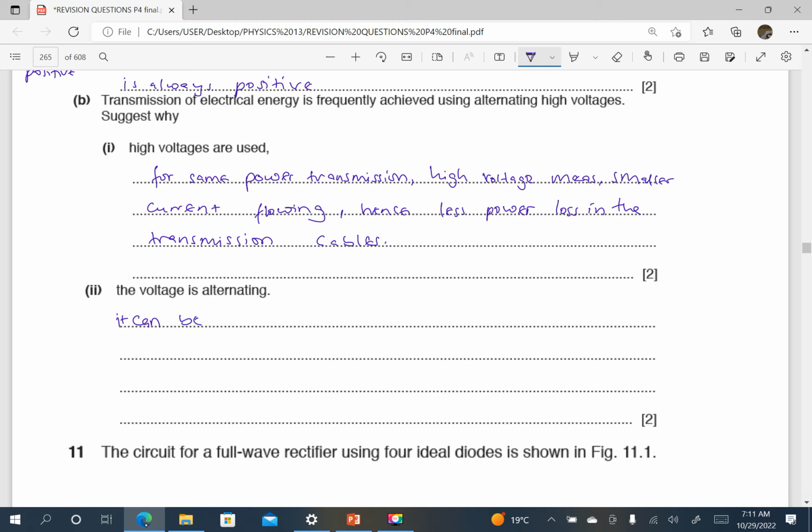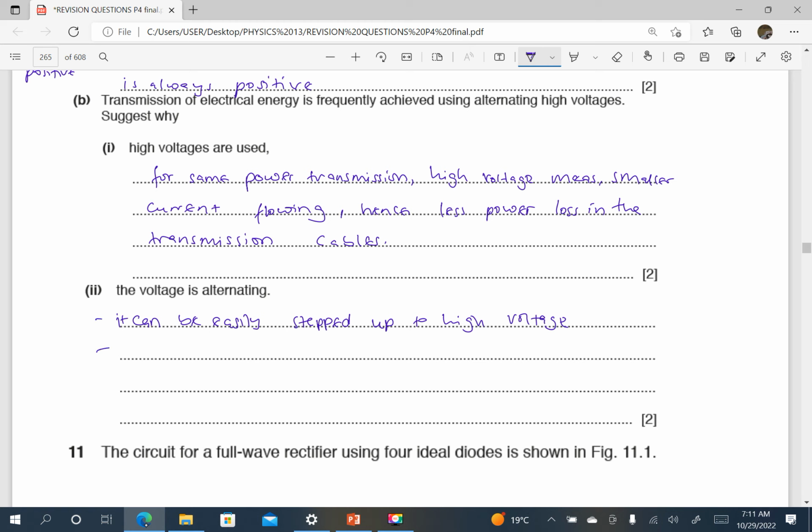Normally we need it for stepping up, so it can easily be stepped up to high voltages for transmission, which we have seen is advantageous in part 1.